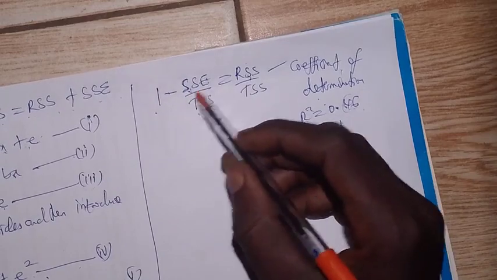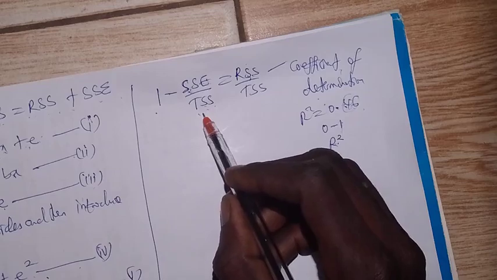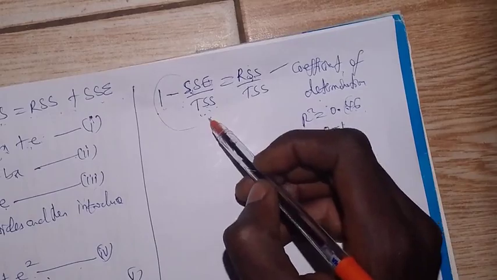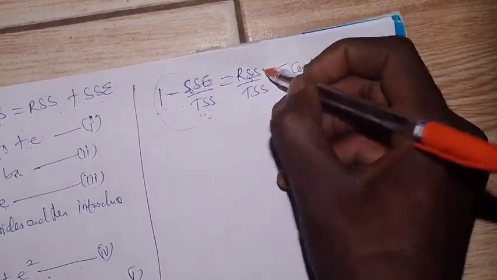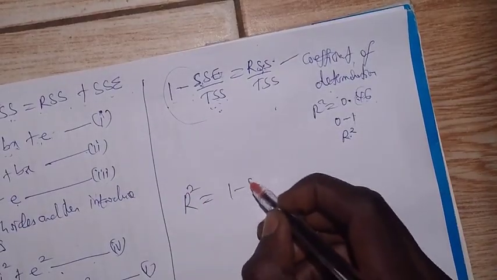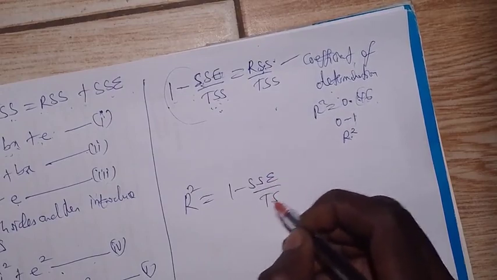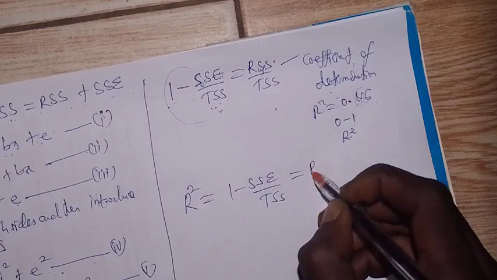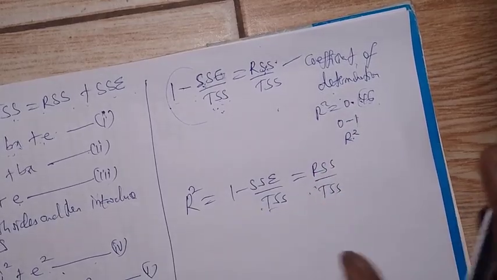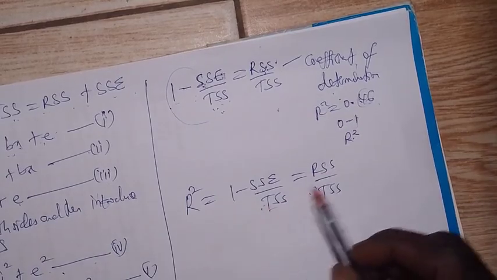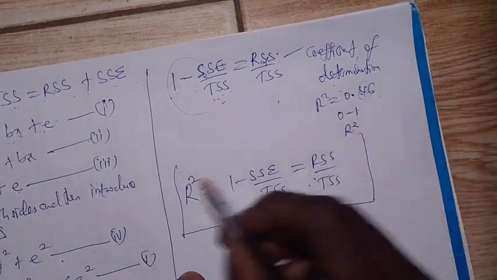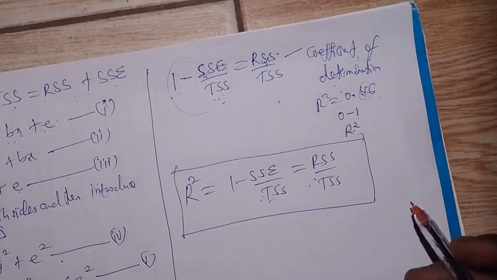You can go ahead and find your R squared with this formula. R squared has this formula, 1 minus SSE over TSS. R squared also has this formula, RSS over TSS. So therefore, R squared is equal to 1 minus SSE over TSS is equal to RSS over TSS. Either way, you can get your R squared, coefficient of determination in regression.